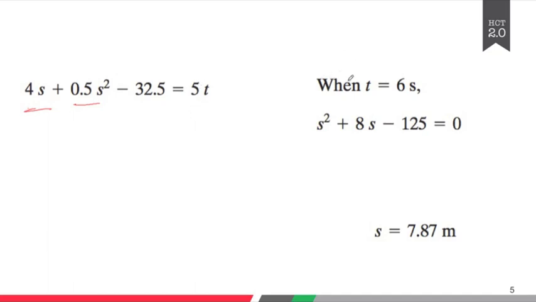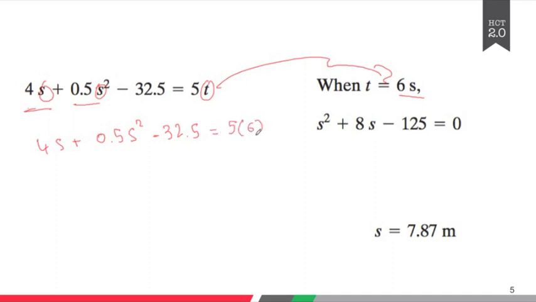So we are required to get s when t is equal to 6 seconds. So we should substitute 6 into this equation to get 4s plus 0.5 s squared minus 32.5 equal to 5 times 6.